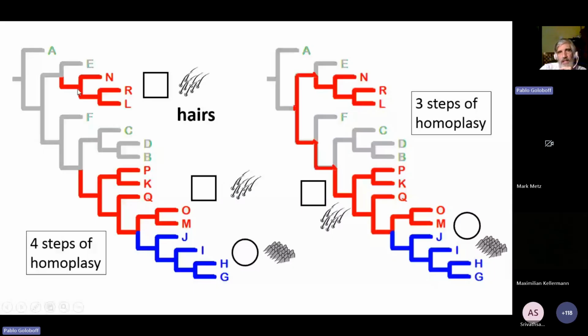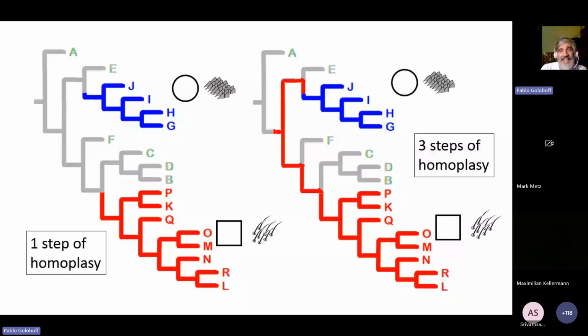You have a tail in here, and this is not due to common ancestry, neither is this, neither is this. There are 3 independent cases of absences of tail that are not due to common ancestry. So you can see that the number of dependent characters influences how the tail is going to be reconstructed when you take into account the homology.